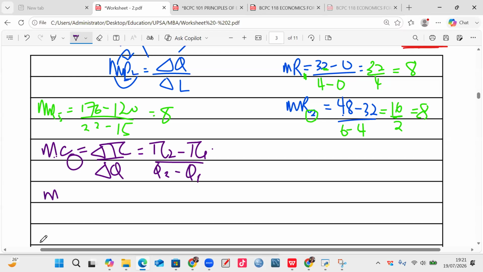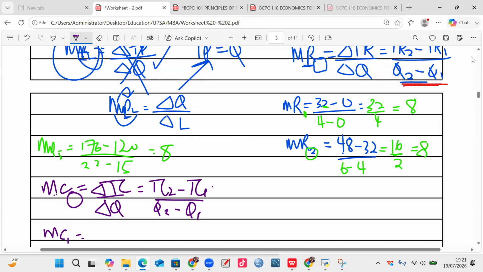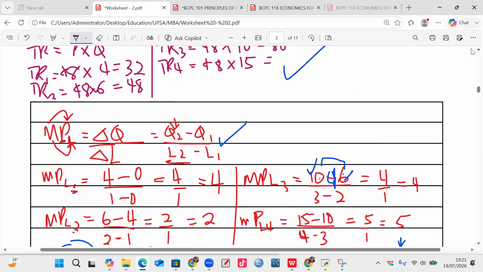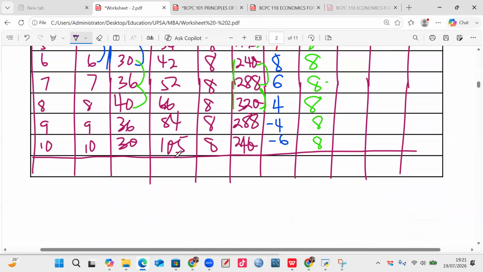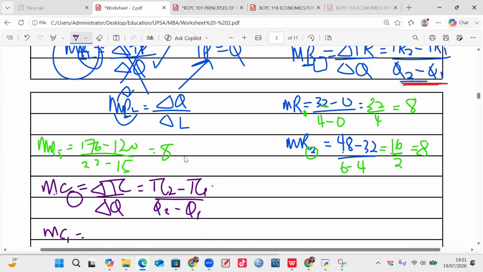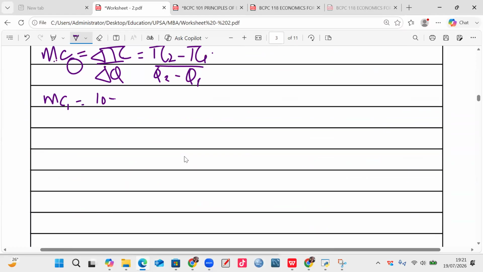So let's go for marginal cost for labor 1. We are going to find TC2, the current total cost. What's the current total cost? 10. What is the previous? There's nothing here, 0. So 10 minus 0.